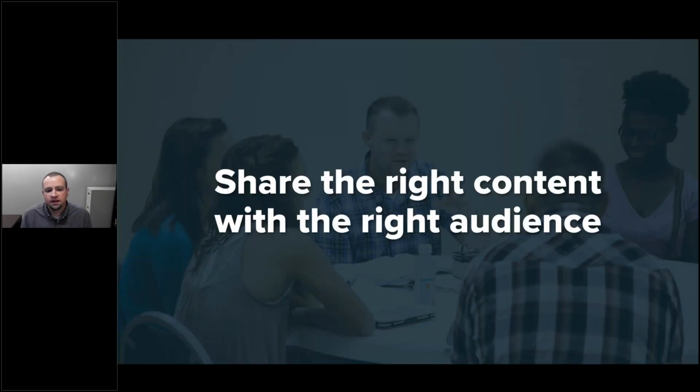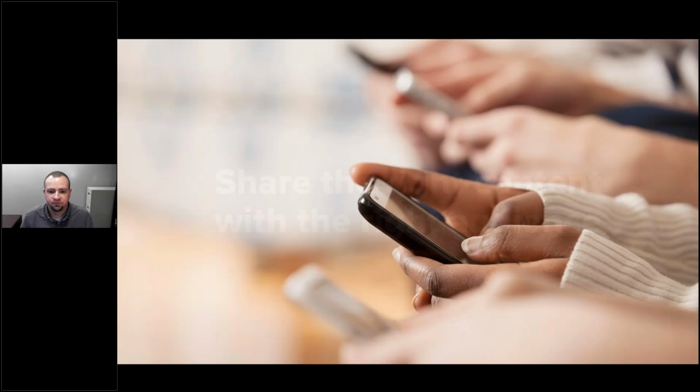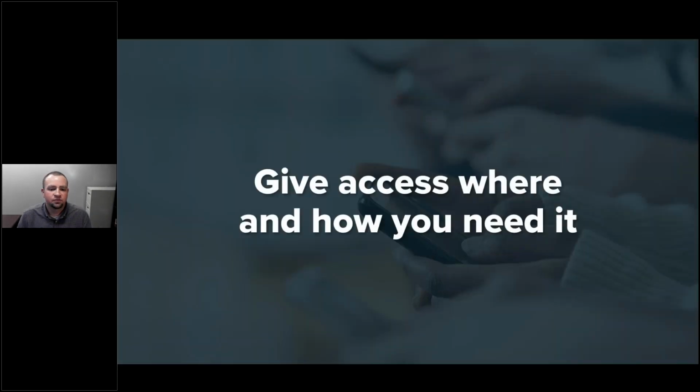We want to make sure that the right content is shared with the right audience, meaning what your potential visitors see is going to be different than what your members see because they're at very different places. They need to know different information. So you'll see that contextualization of information throughout this. And finally, we want to give access where and how you need it. That's why we have the different roles.